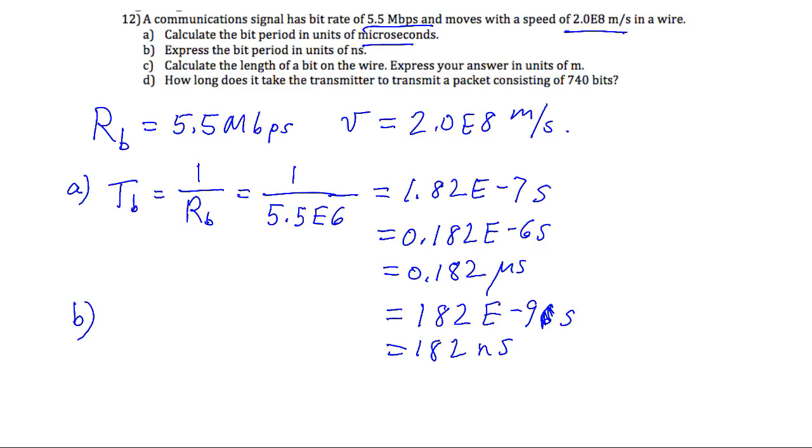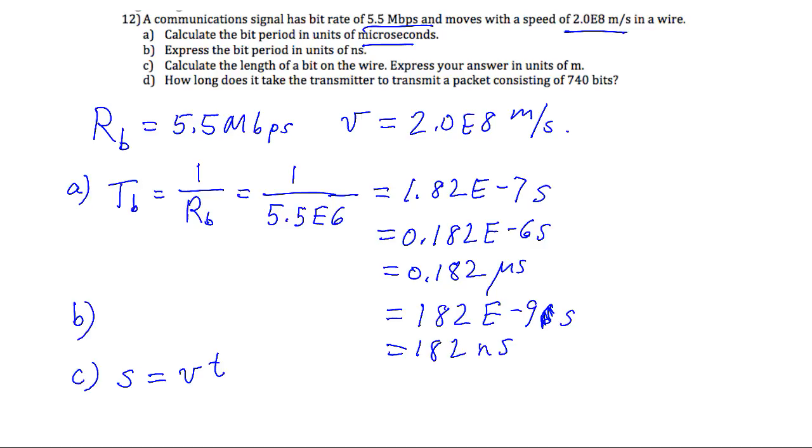Okay. For part C, it says to calculate the length of a bit on the wire. And we have an equation for this. The distance traveled, I'm going to call it S, is equal to the velocity times time. This is a very general equation.